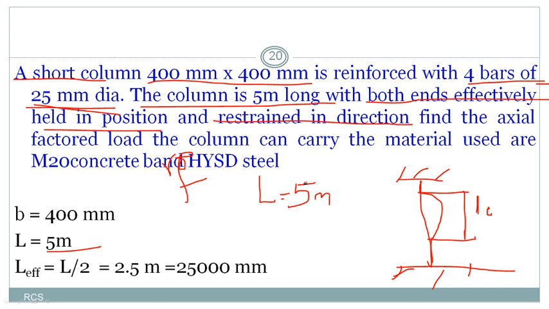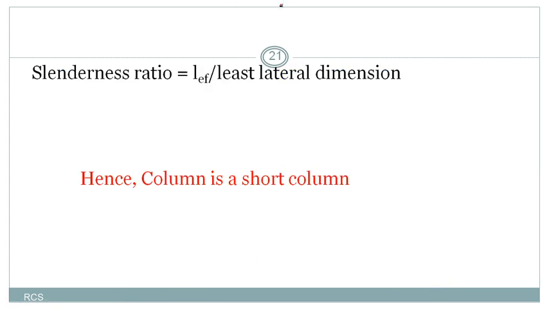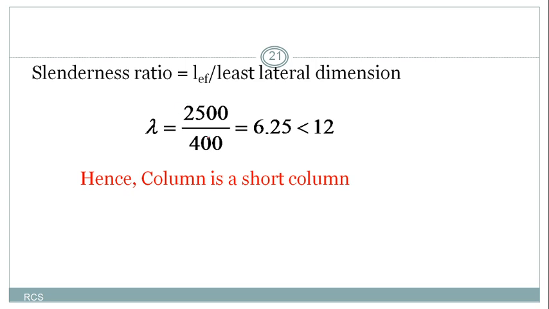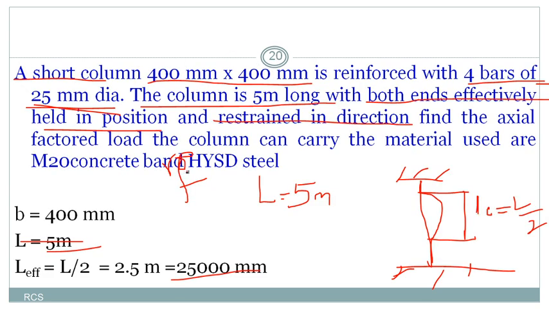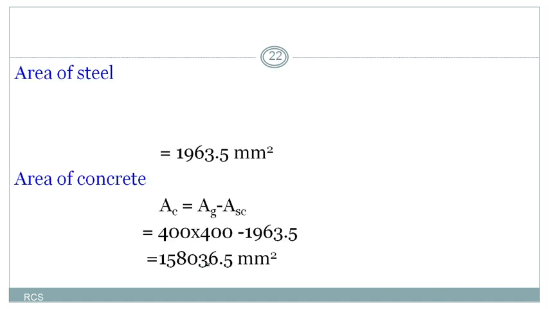Le equals, according to the code, half of your unsupported length, or 50% of the unsupported length, L by 2. So L by 2 is 2500 by 2, and we'll get 2500 by 2, some 1750 like that.